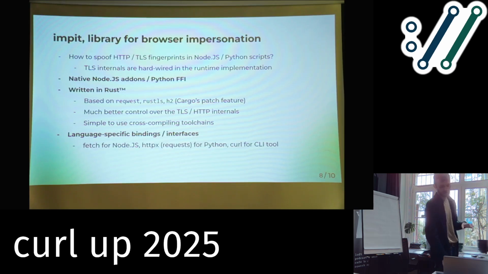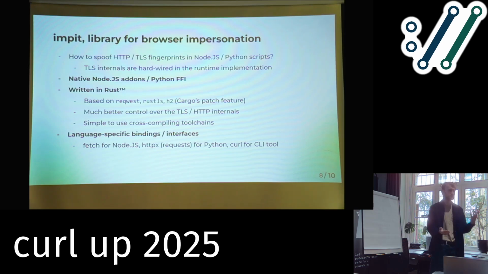So for Node.js, we decided to emulate the fetch interface, which in JavaScript is the regular way of making requests in browsers. In Node.js, since version 18, it's there too. And for Python, we emulated the HTTPX interface, and we are also building a separate CLI tool. We decided to mock the curl interface, because people know these interfaces, right?